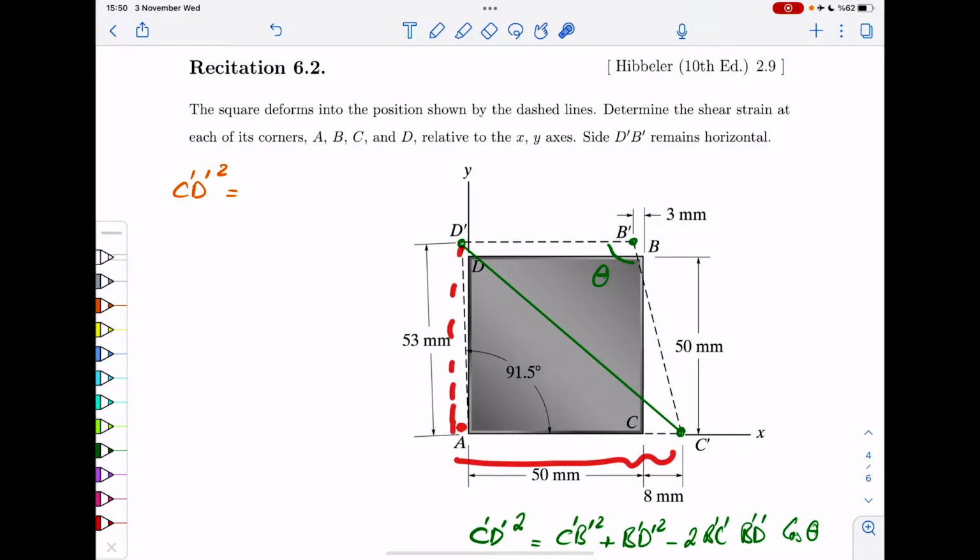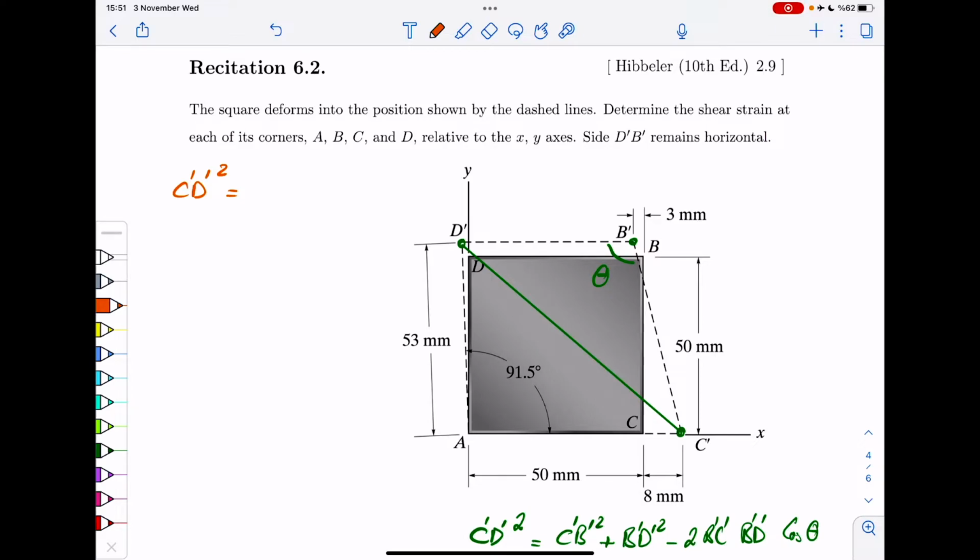It has this little part that we just discussed, it has this part, that's the base, and it has this additional part that comes from the deformation. So it's going to be 8 plus 50 plus that little distance here, which would be 53 times sine of that little angle. That would be the horizontal part of it.